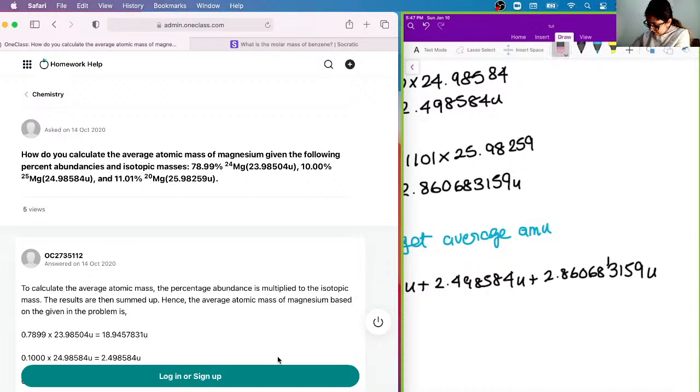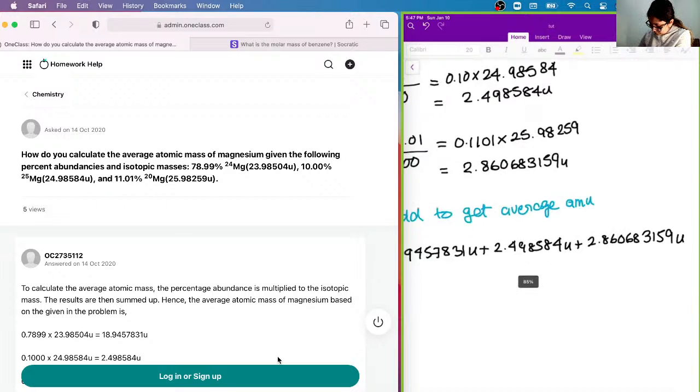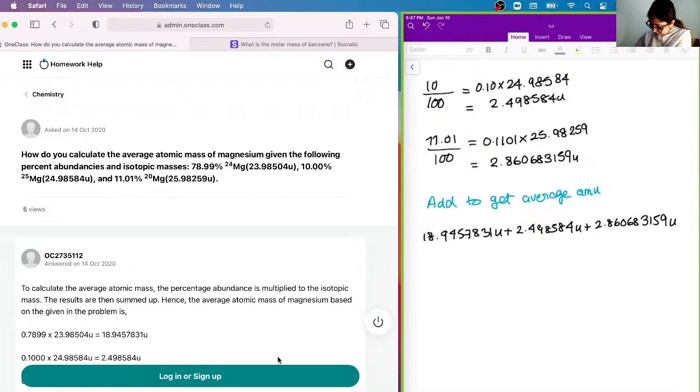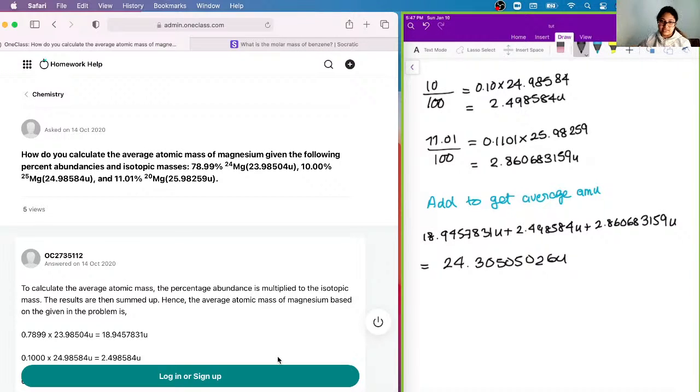And so once you add these numbers together, you would have 24.30505026 as your atomic mass. So this is your average atomic mass of magnesium.